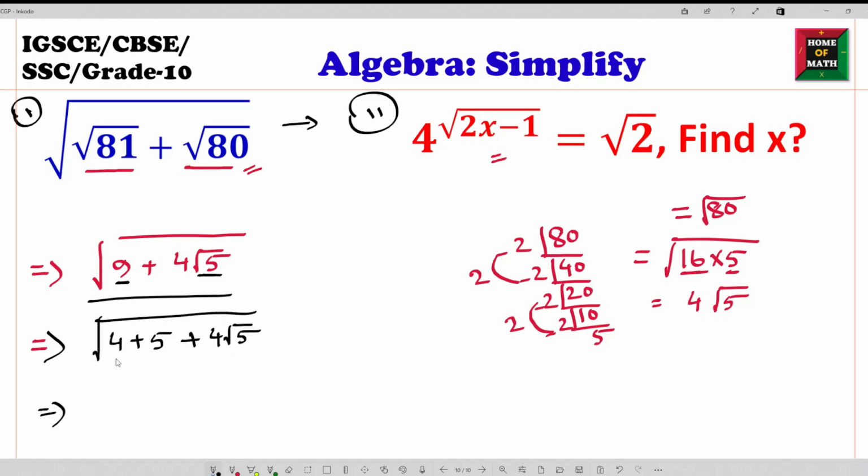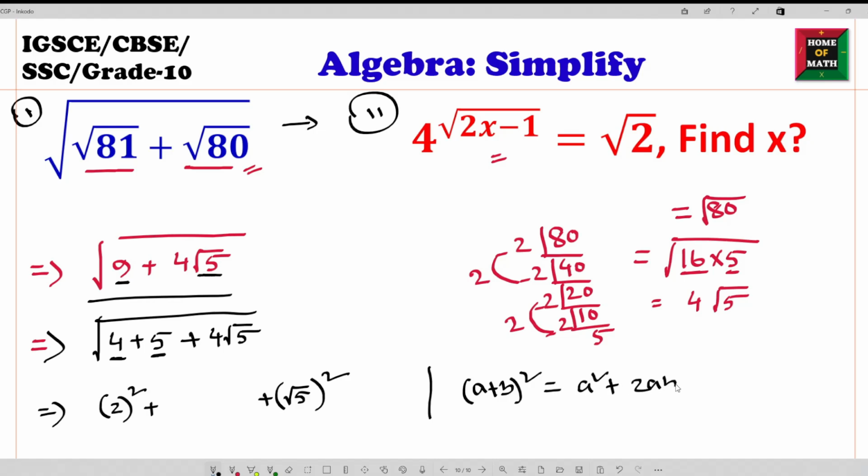Now look, for this 4 we can write 2 square, plus for this 5 we can write root 5 square. It is a similar thing. Now if we consider a plus b whole square, it means a square plus 2ab plus b square. So we already get a square, it means 2 square, b square, it means root 5 square.